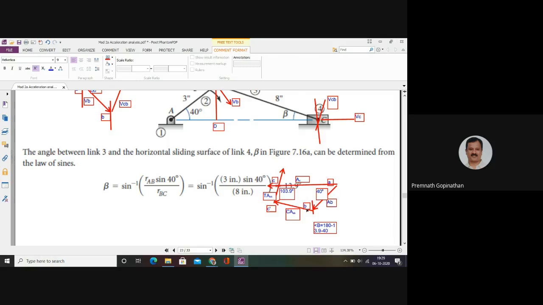Now, what you have to do is identify AB, which is known to us because you have already been given omega 2. This AB represents R omega squared, and this BC dash is also obtained from the velocity polygon. You know VCB, so VCB squared by BC will give you BC dash.